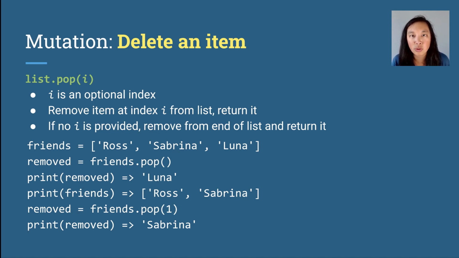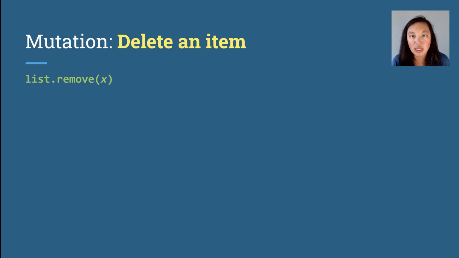So it's going to return that, and that gets stored in the variable removed. If we print friends, we can see that Sabrina was removed from the list, and the list was mutated to contain only Ross.